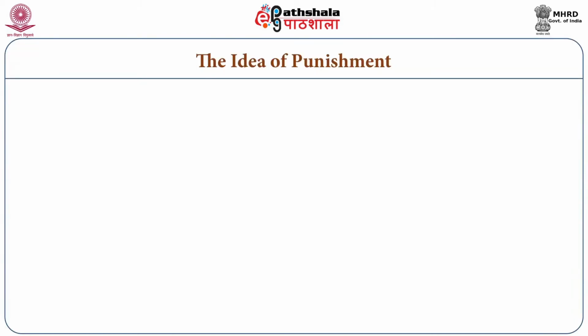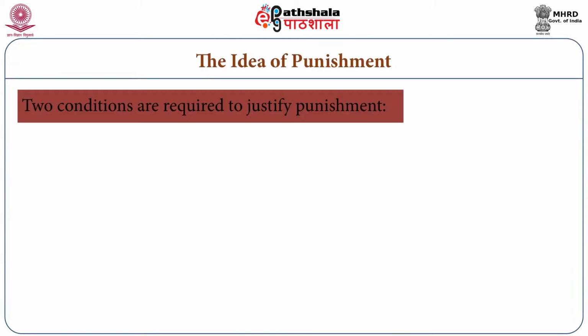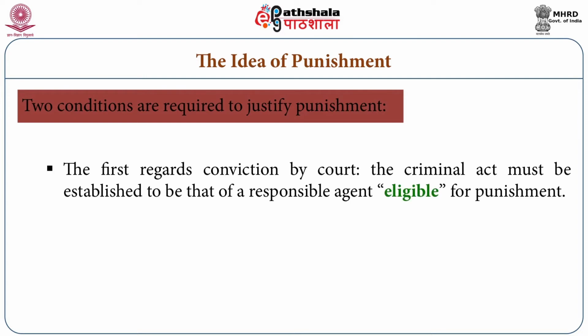Now, when we are meting out punishment, this becomes extremely important. There are two conditions required to justify punishment. The first regards conviction by the court. The criminal act must be established to be that of a responsible agent eligible for punishment. So I hope you see now that this is an attempt to tie together the actus reus with the mens rea.